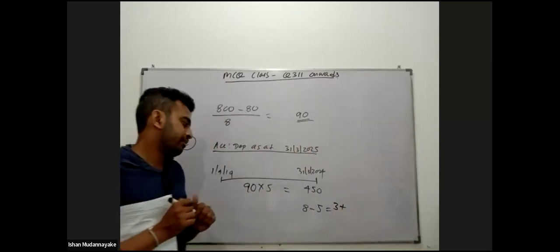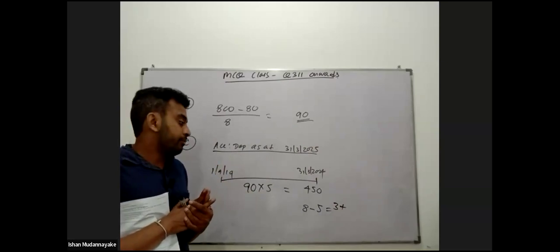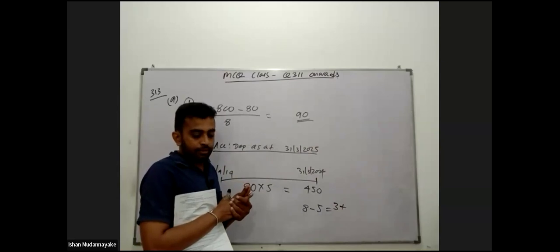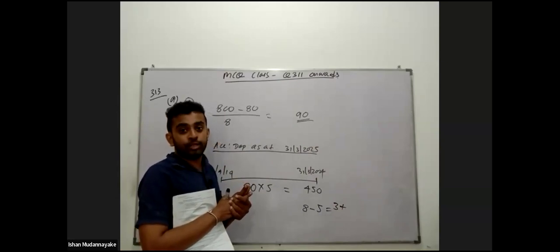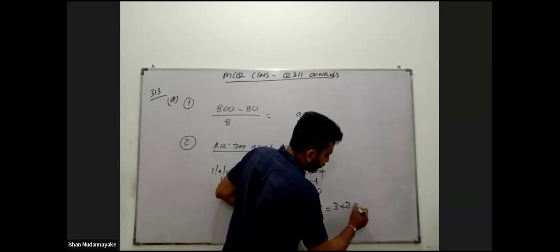On this date, they re-estimated the useful lifetime again and it was increased by another 2 years. Then 3 plus 2 is 5.